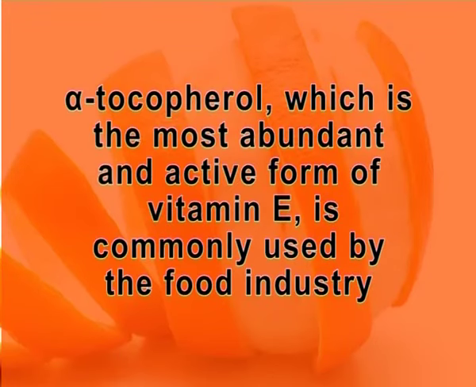Alpha tocopherol, which is the most abundant and active form of vitamin E, is commonly used by the food industry for food fortification and to inhibit lipid oxidation. However, the use of alpha tocopherol is sometimes hindered by its sensitivity to heat, oxygen and light and also its high hydrophobicity.